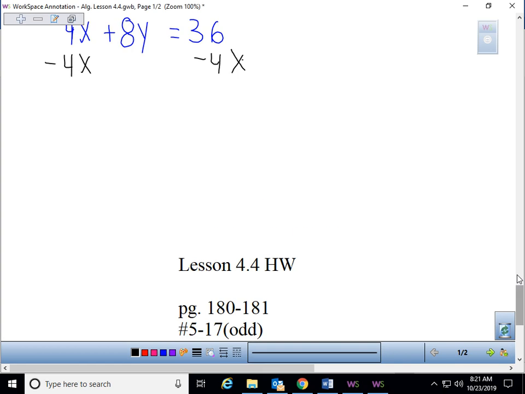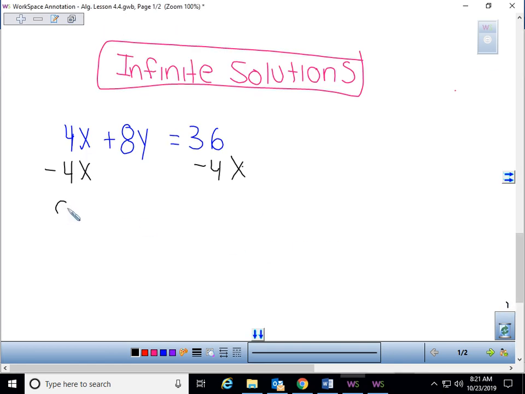That gives you 8y equals negative 4x plus 36. And then I have to get my y by itself, which means I'm dividing everything by 8. So I'm going to divide every number I see by 8.